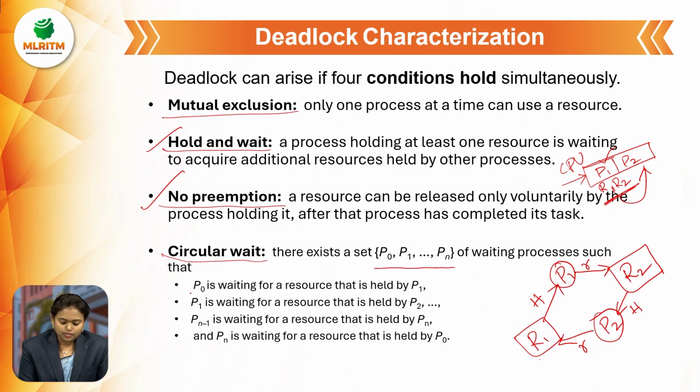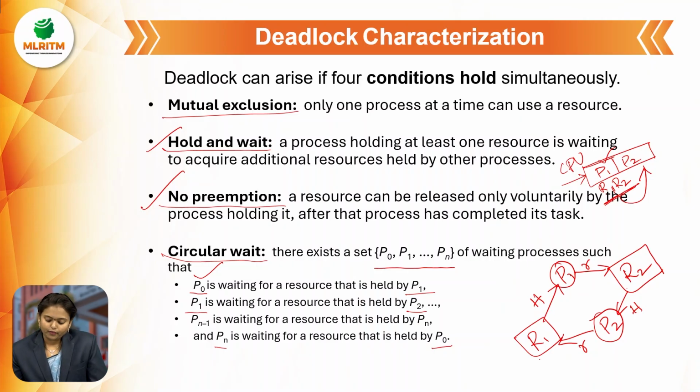In this case, P0 is waiting for the resource that is held by P1. And also P1 is waiting for a resource that is held by P2. And so on. At last, Pn is waiting for the resource that is held by P0. So this is nothing but circular wait.